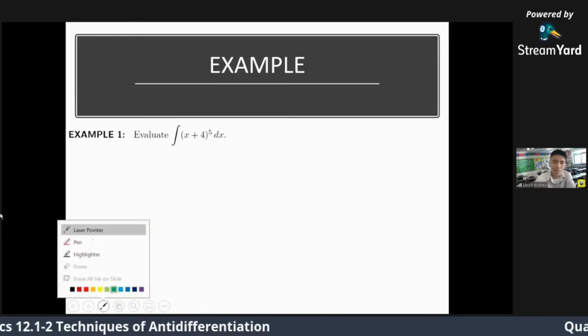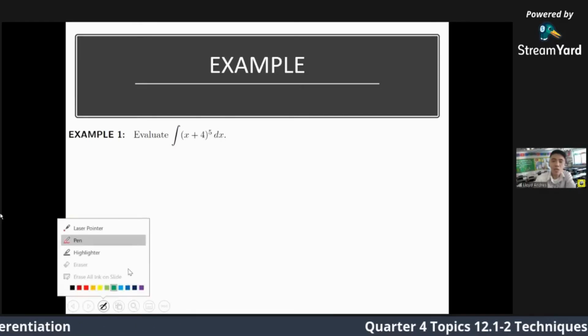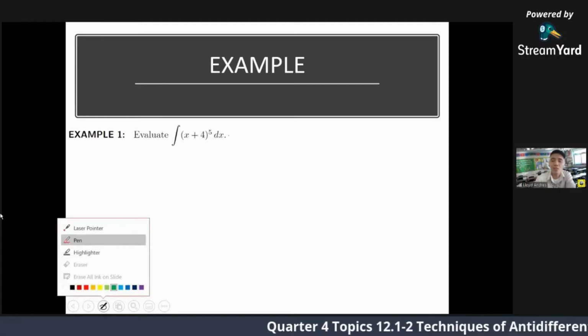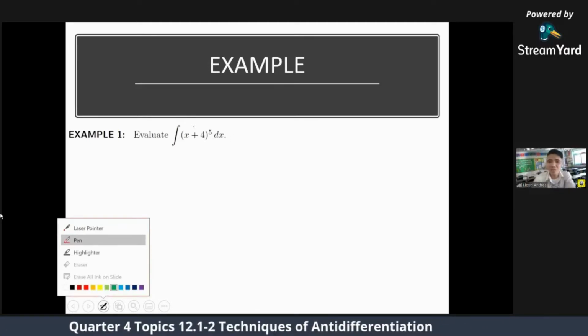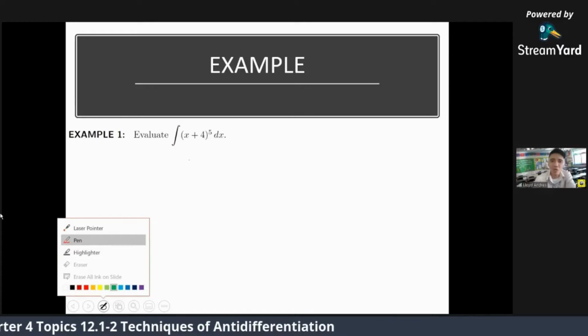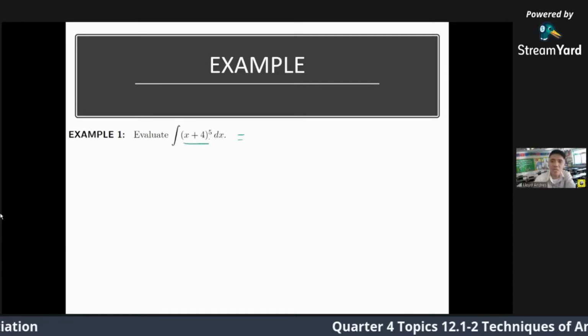So kung wala tayo knowledge ani sa kanang substitution, ang atong magamit ani is pangitaon sa nato ni si x plus 4 exponent 5, meaning i-expand sa nato ni. How do we expand that one? Diba?